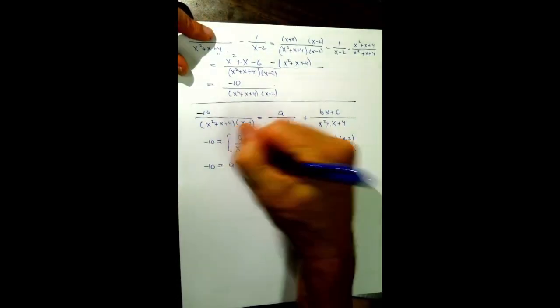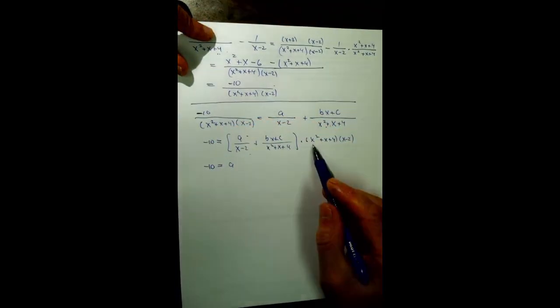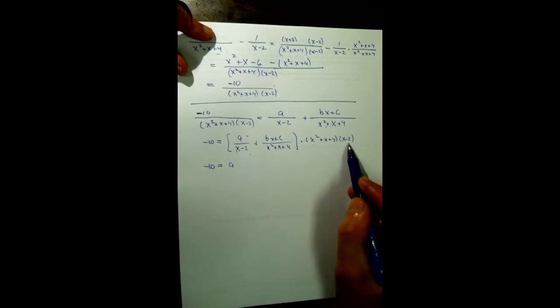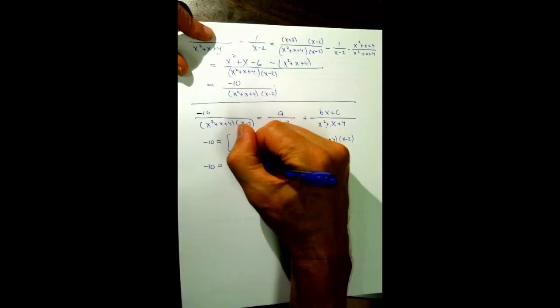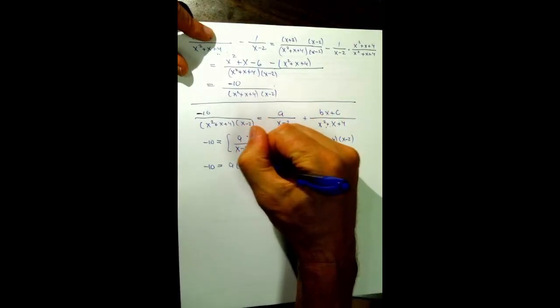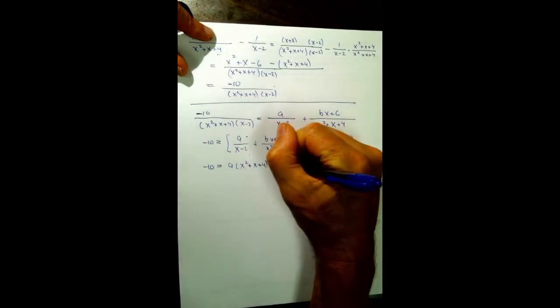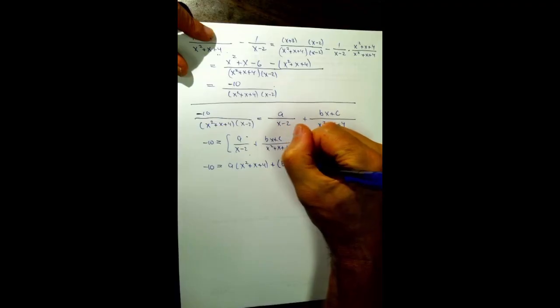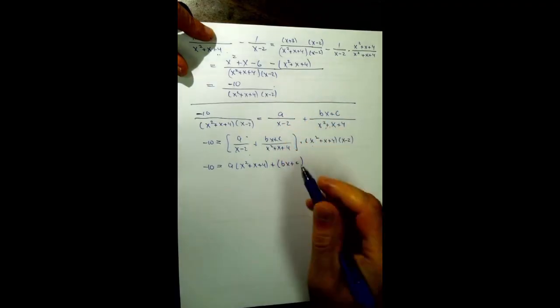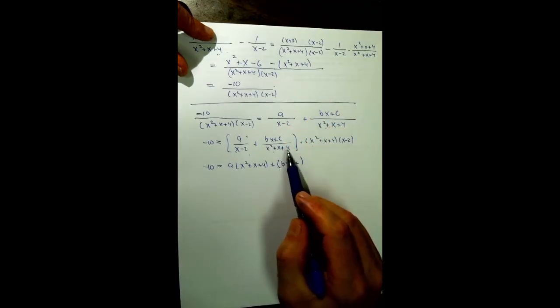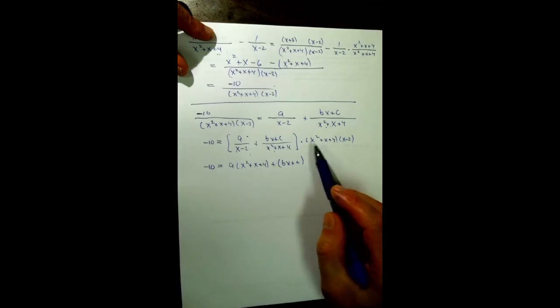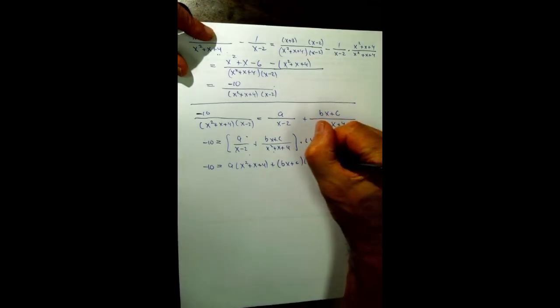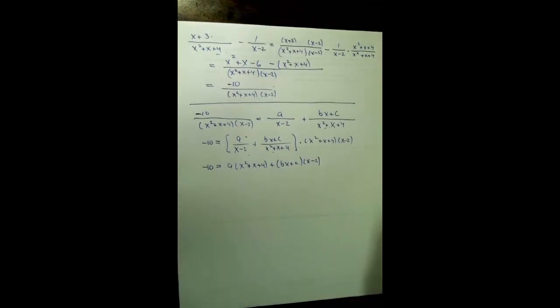Now, a over x minus 2, when I multiply by x squared plus x plus 4 times x minus 2, the x minus 2's cancel. So I'm just left with x squared plus x plus 4. The second term is bx plus c, but now it's over x squared plus x plus 4. That's going to cancel with the x squared plus x plus 4, leaving x minus 2.